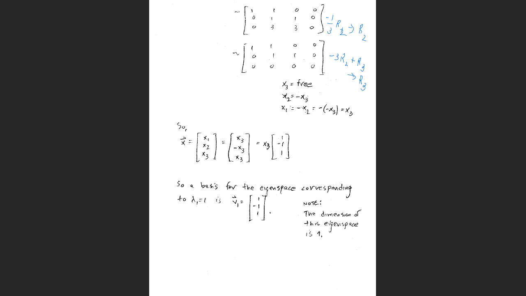So, okay, x3 is free. x2 equals negative x3 based on the second equation. And then x1, based on the first equation, is equal to negative x2, but x2 is negative x3, so you get x3.